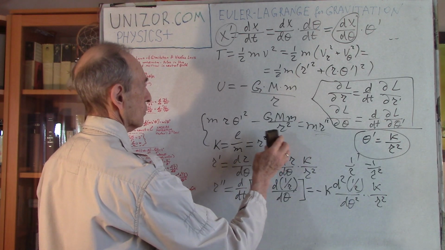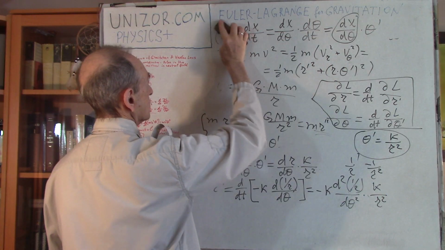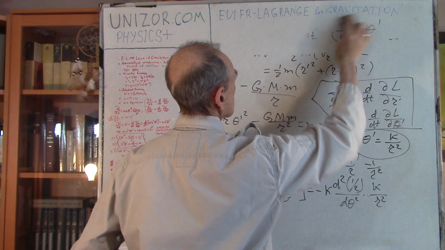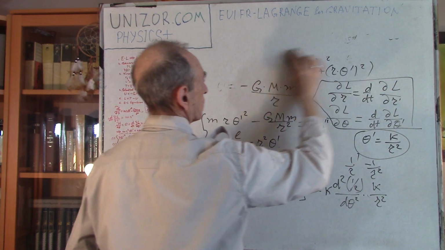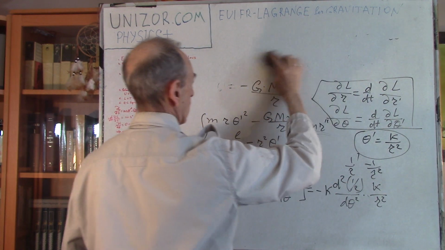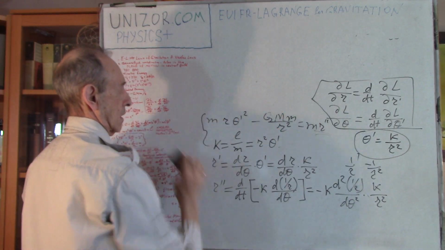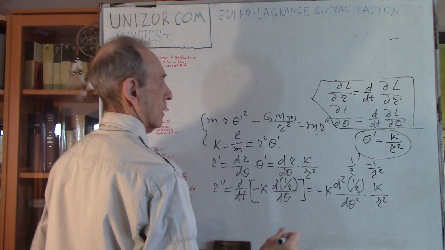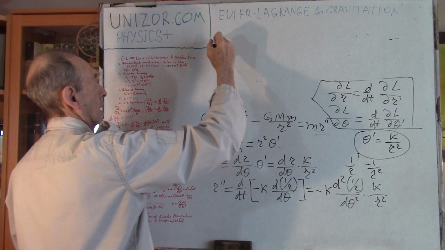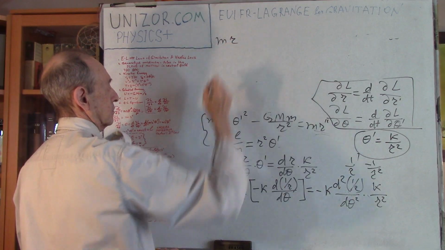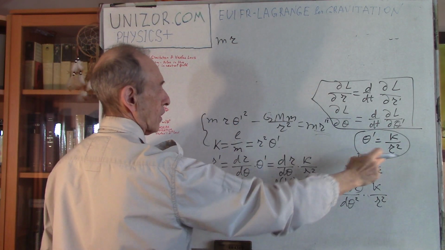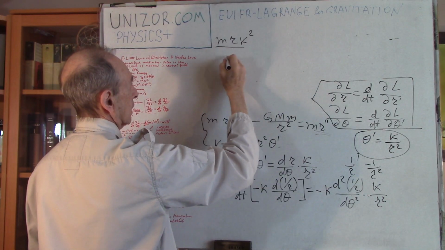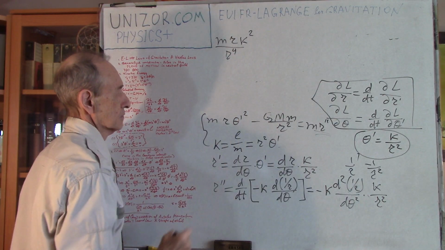So let me just wipe out this thing and we will substitute everything into its proper place. So m r theta prime square, which is k square divided by r to the fourth, right?